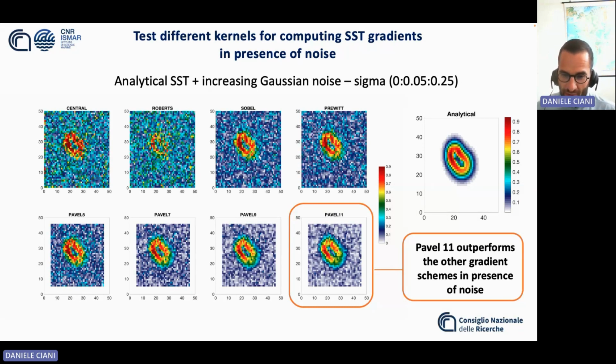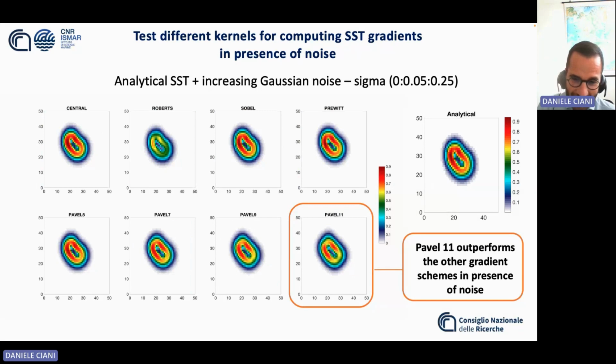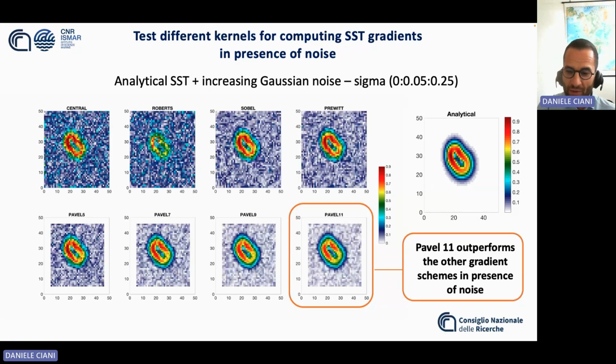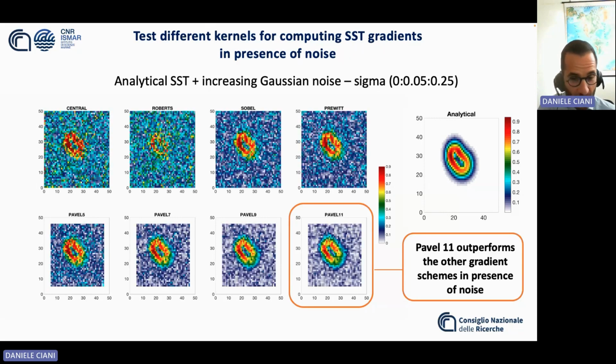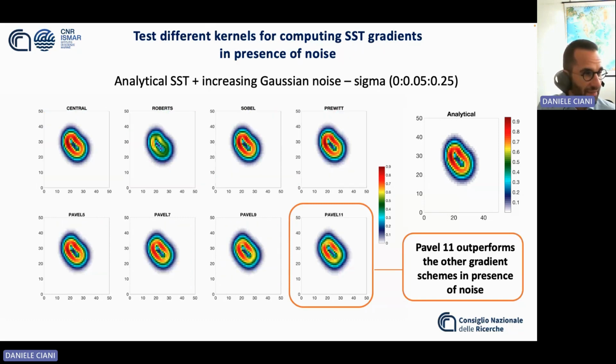Of course, using a wider stencil for computing the gradients will depend also on local cloud condition and on the distance to the coastline. So this will be taken into account.